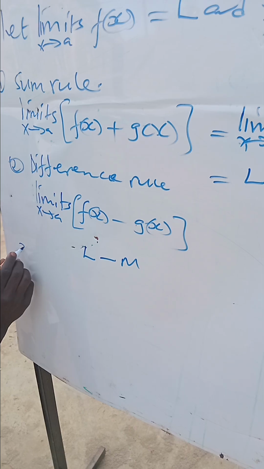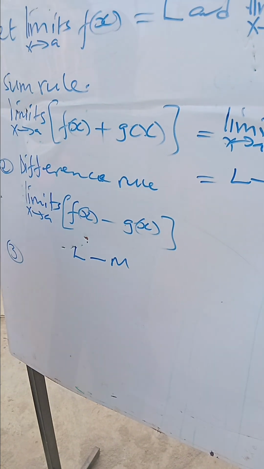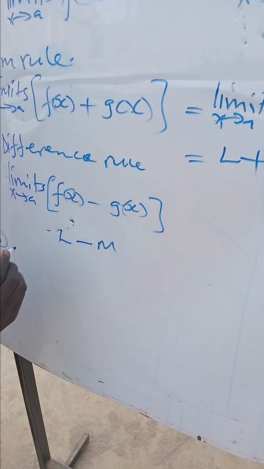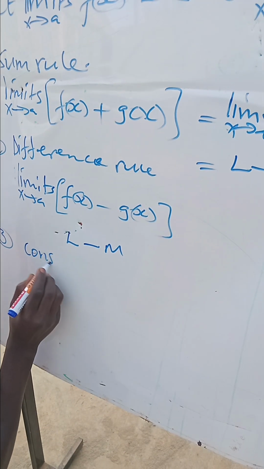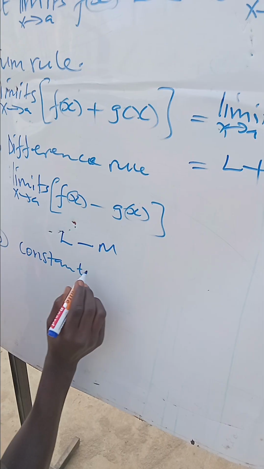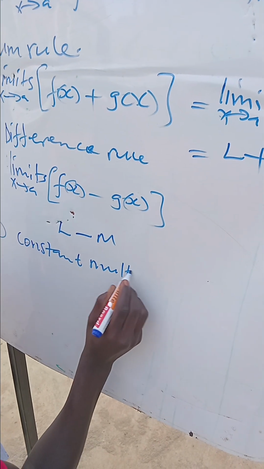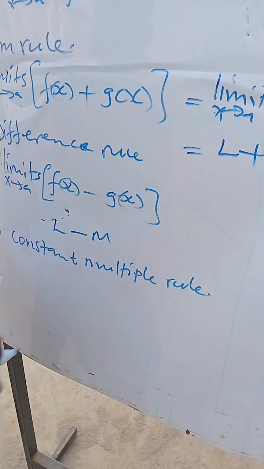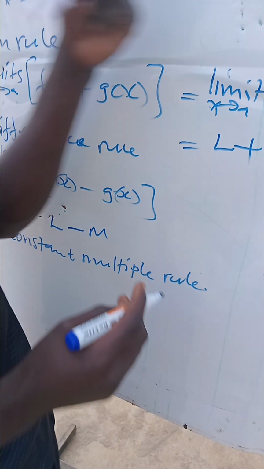Then the third one is the constant multiple rule. This is the third property of limits of a function.